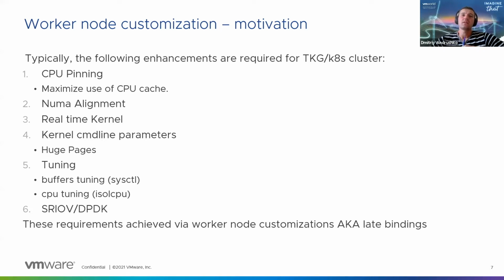Moreover, in multiple cases you need to tune your Kubernetes worker nodes to satisfy requirements which a CNF might have. Examples include CPU pinning of your worker nodes, alignment on a particular NUMA node, and tuning some kernel parameters or the host operating system.